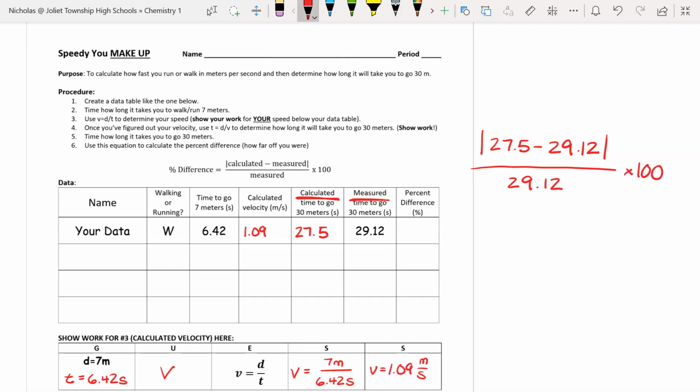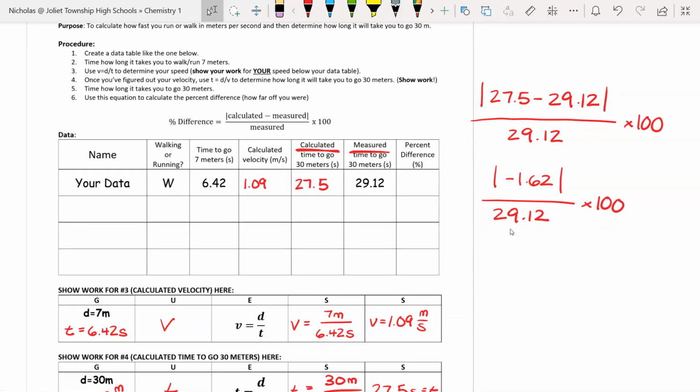On my calculator, I'm going to do 27.5 minus 29.12, and we get, I'm going to carry these absolute value bars down, -1.62 over 29.12 times 100. These absolute value bars are going to take this negative and get rid of it.